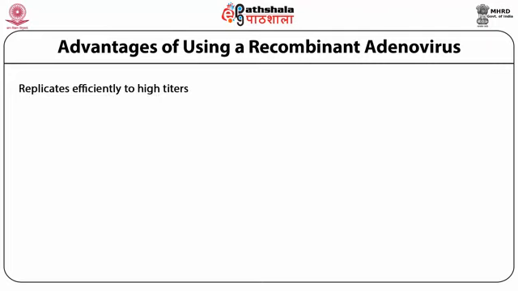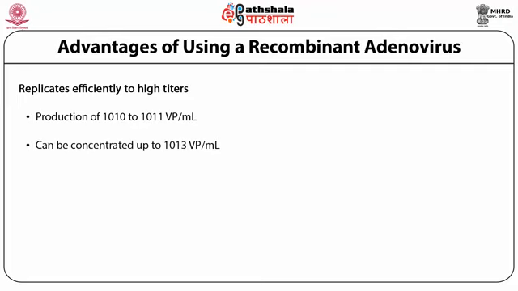It replicates efficiently to high titers, meaning when we have these vectors, they grow efficiently in the cell lines. They can produce 10 raised to power 10 to 10 raised to power 11 viral particles per ml of the medium. They can be concentrated up to 10 raised to power 13 viral particles per ml of the medium.